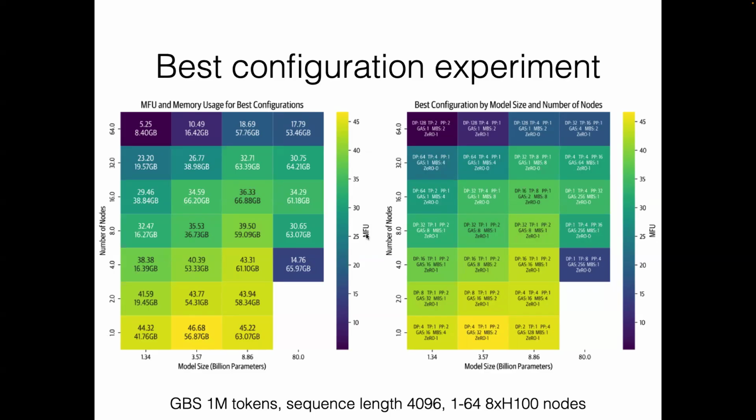Here, the lighter, yellow is better and the blue is worse. You can see a few interesting things here. Let's look at this 8 billion parameter model.